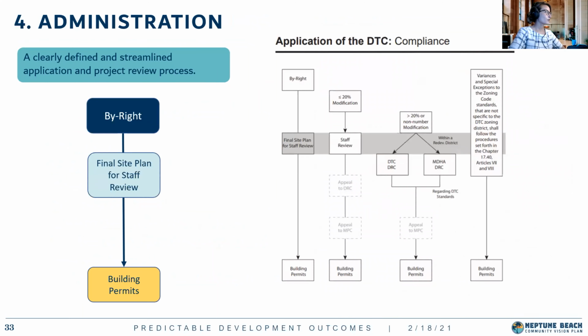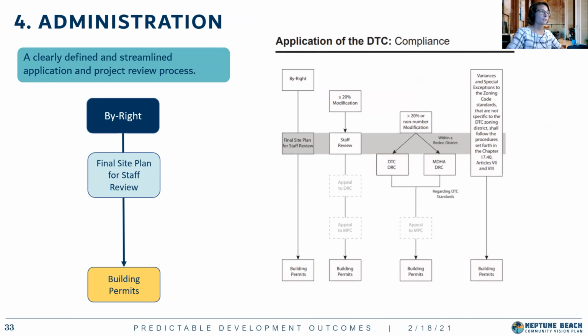Finally, there's administration. One of the goals of form-based codes is to be as streamlined as possible in the application and review process. So the reason why it's so prescriptive and so specific is precisely so that the community knows ahead of time what development will look like.